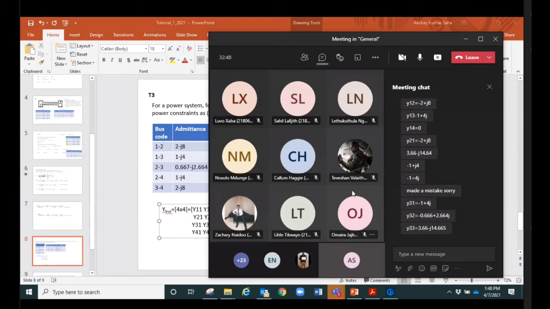Our equation is P minus jQ, let me copy and paste that equation.